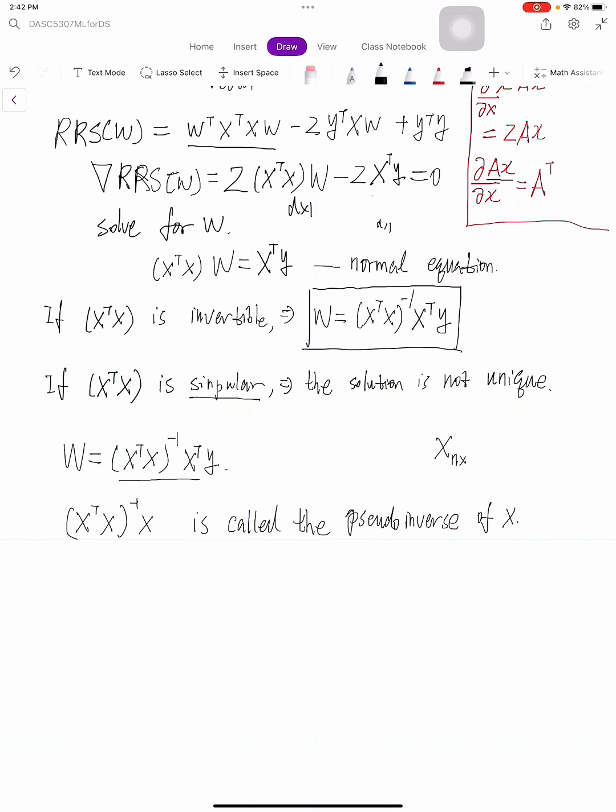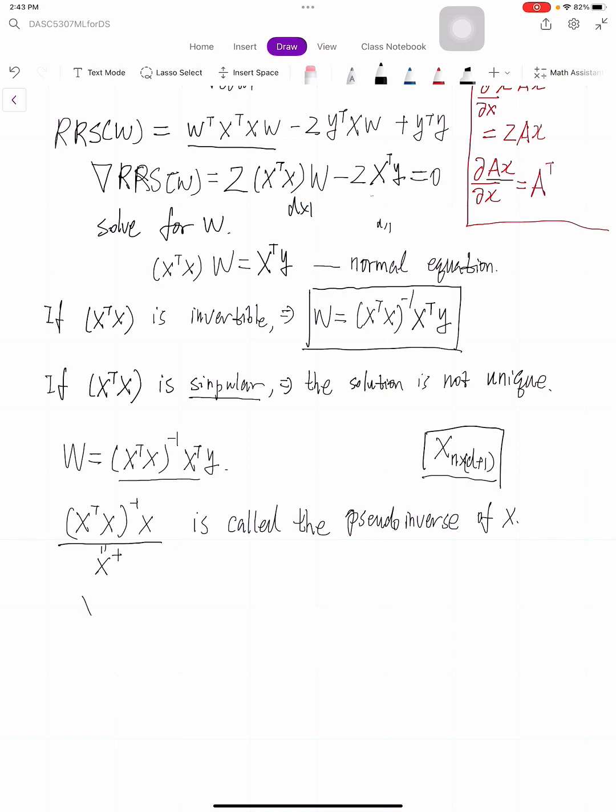X is an n by d plus 1 matrix. So how do we define the inverse of a matrix that is not invertible? So this is the pseudo-inverse, which is sometimes denoted by X plus.